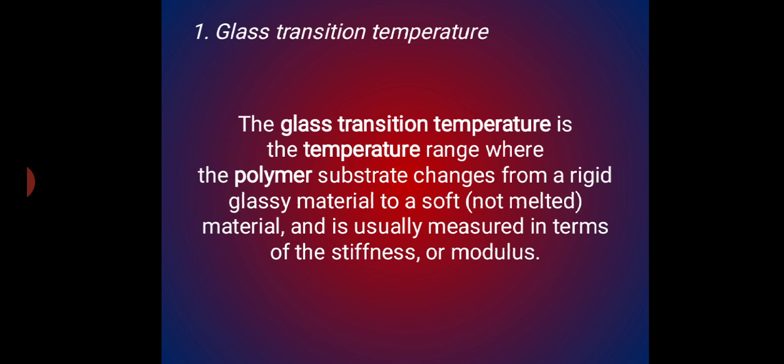The range of temperature at which the transition in the state of the polymer happens from rigid to soft, we consider as the glass transition temperature.